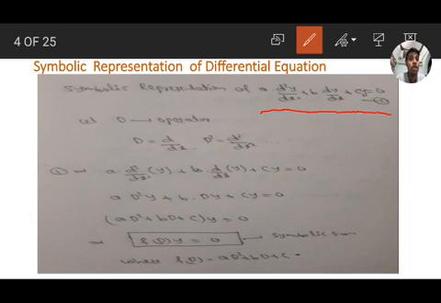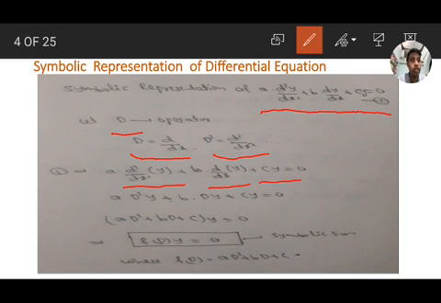In this, capital D is the derivative operator, capital D equal to d by dx and D square equal to d square by dx square, second order like that. If you substitute in the first equation, d square y by dx square can be written as d square by dx square of y, and d by dx of y, plus cy equal to 0.